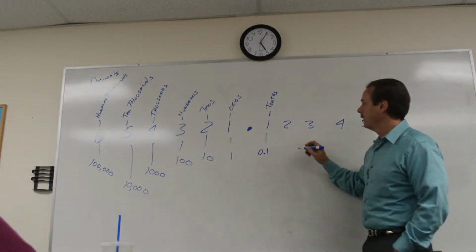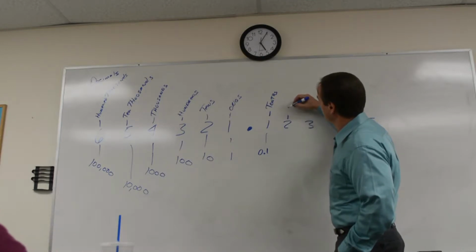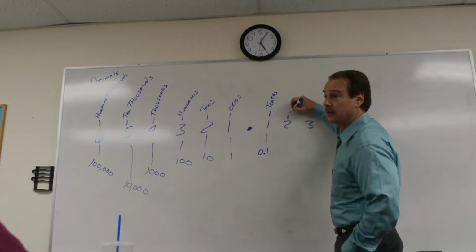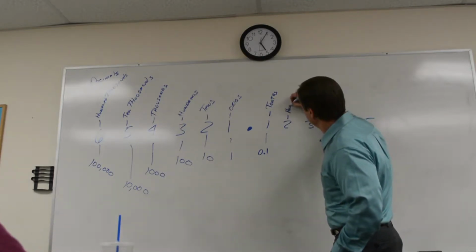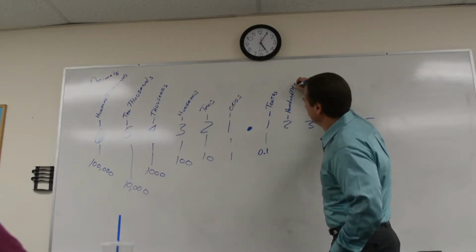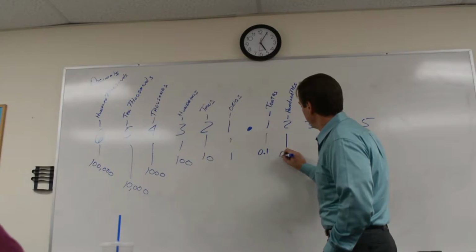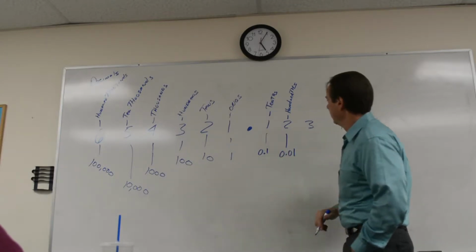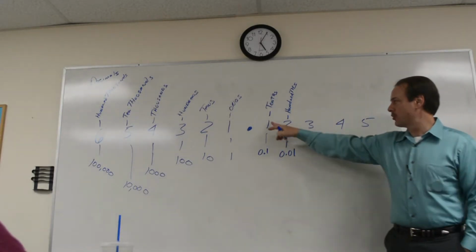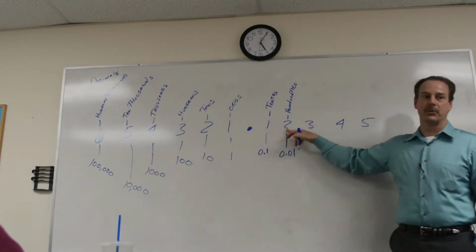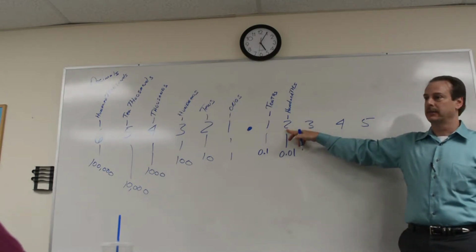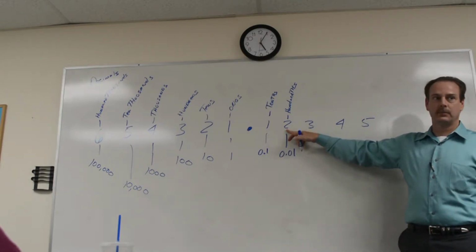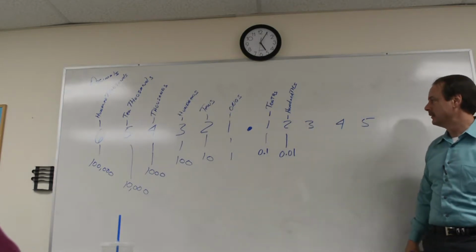What about this next place here? Hundredths. And it's represented by 0.01. So if this were a 0 and I only had a 2 here, how would we identify that? 2 hundredths.